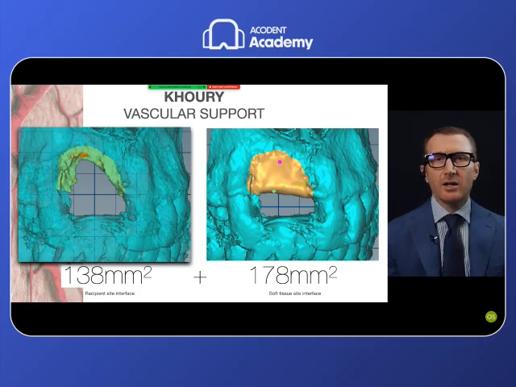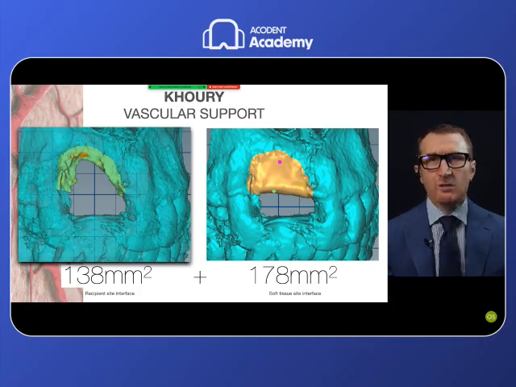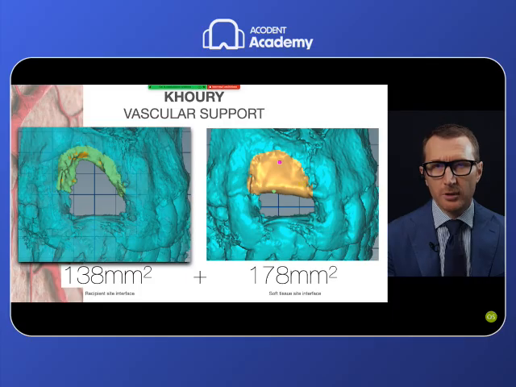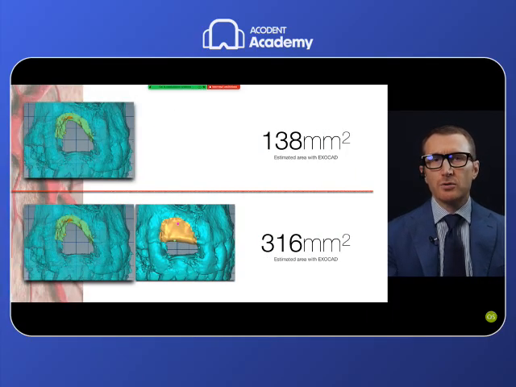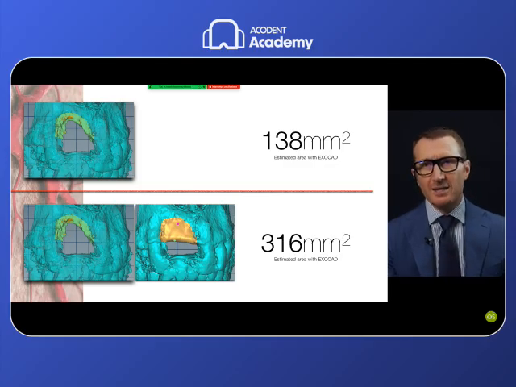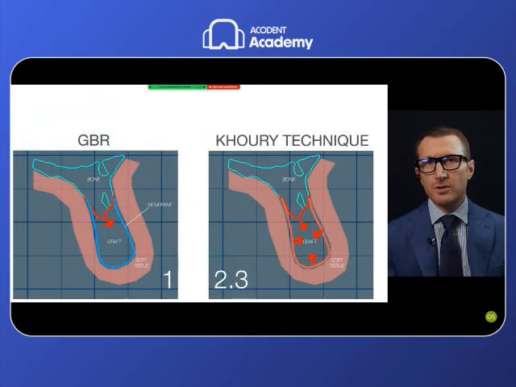So we are using 100% of the vascular support possible in that area. And you see clearly that the vascular support areas are completely different if I'm placing a barrier membrane or not. It's obvious that the bigger the defect, the bigger the discrepancy between these two scenarios.